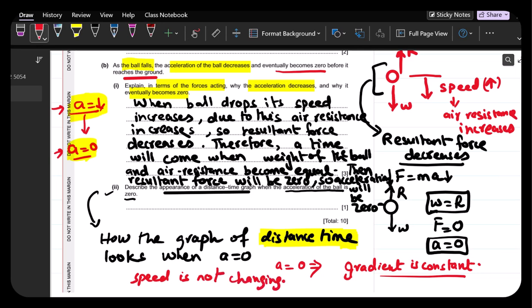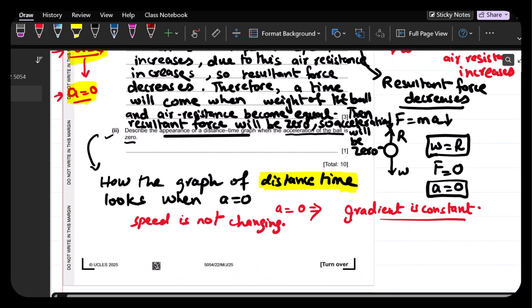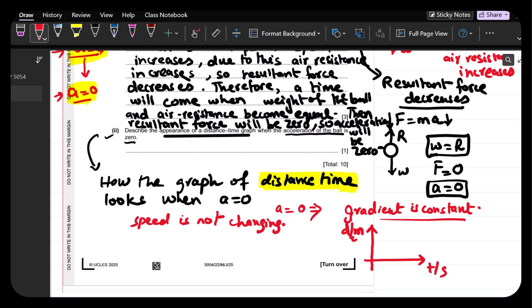So it will be possible when the graph looks like this. If I draw here, time is here, distance is here in centimeter, or you can take in meter. If the graph is a straight line, if you find its gradient, it will be constant, and acceleration will be zero.